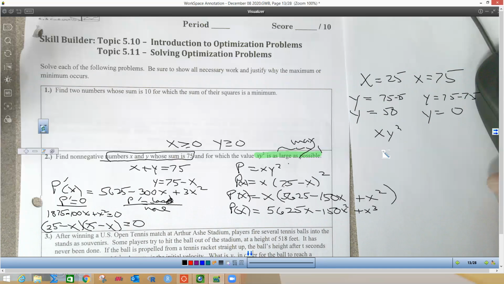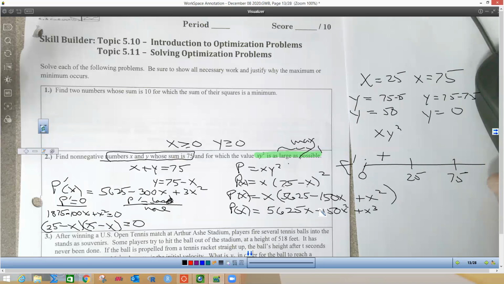So let me make that number line real quick. So my critical numbers were 25 and 75, and I'm plugging those into p prime. So I'm plugging those into this thing right here. So if I pick a number, remember we want non-negative, so we can't go less than 0. So if I pick the number 1 and stick in here, you got a positive times a positive is a positive. Okay?